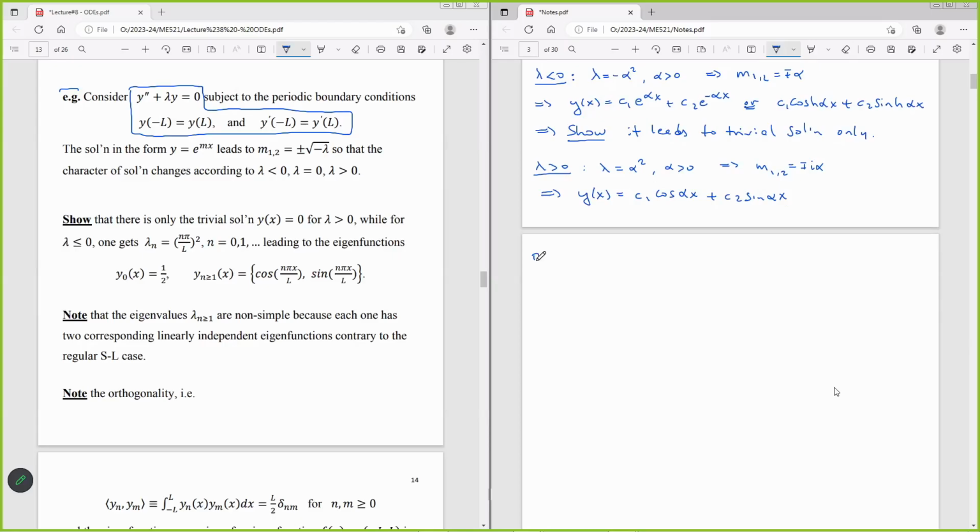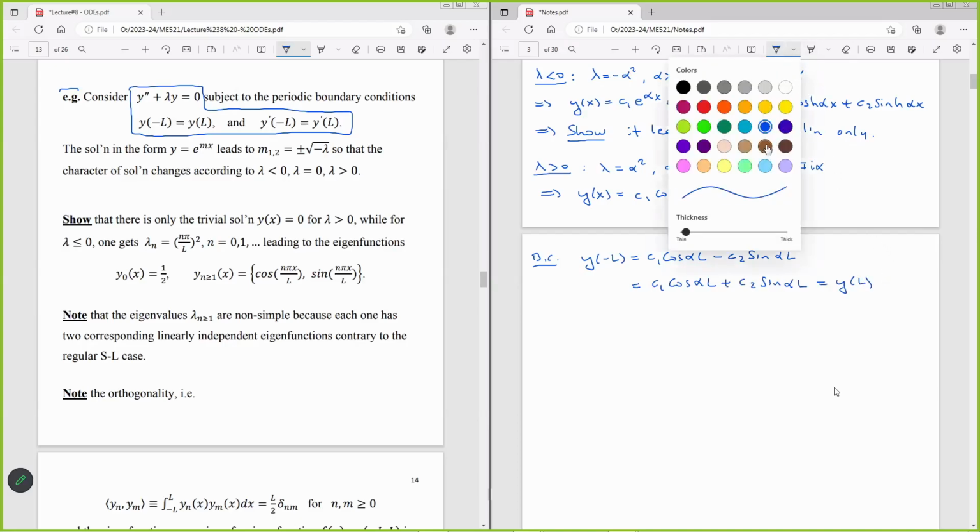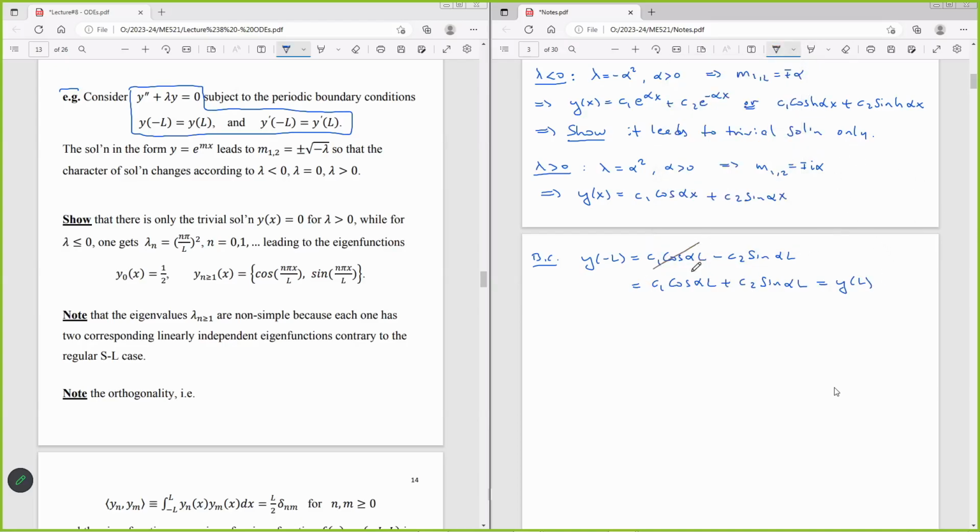And so let's look at the BC. y at minus L is C1 cosine alpha L minus C2 sine alpha L, which should be compared with this, that is equal to y of L. Now, whatever cancellations there are here, do it. Okay, these two cancel.